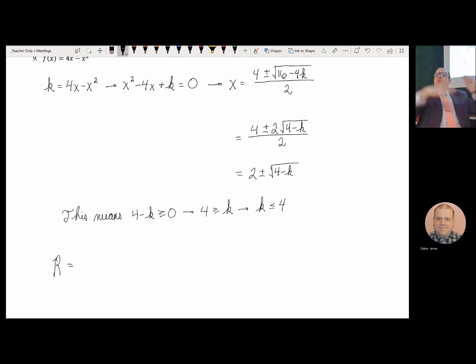We said k was just some arbitrary element in the range. So if k has to be less than or equal to 4, then your range is every real number less than or equal to 4, which is negative infinity to 4.